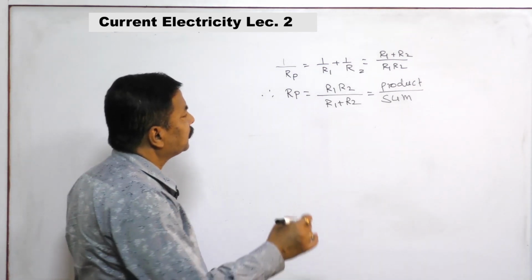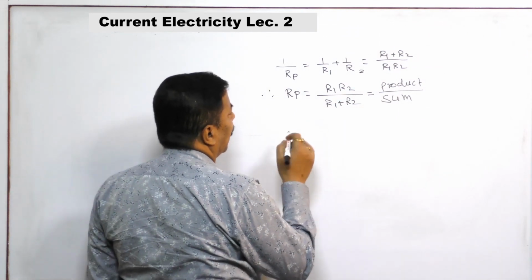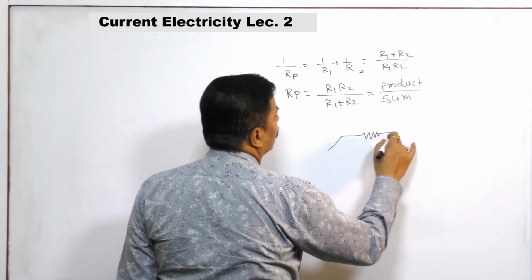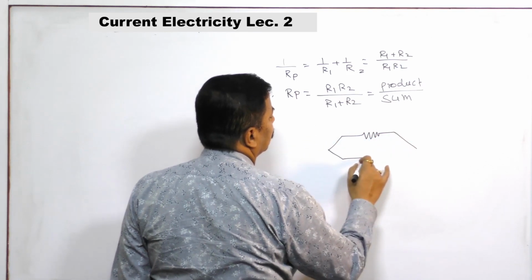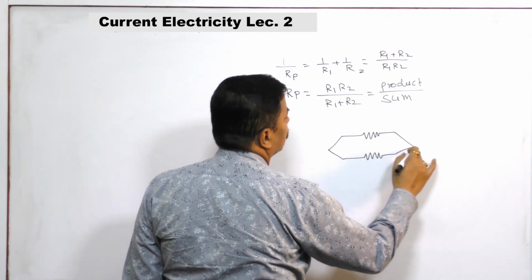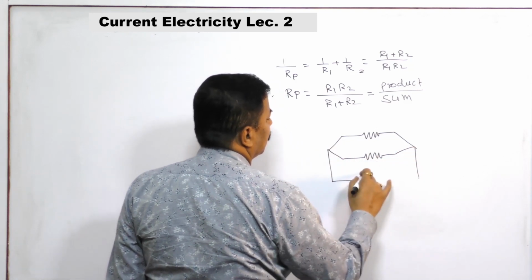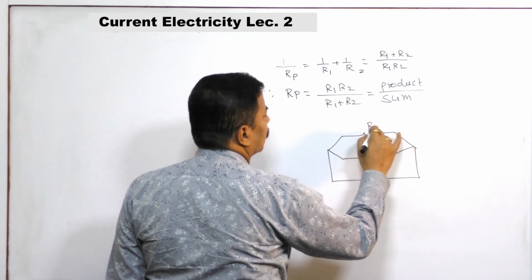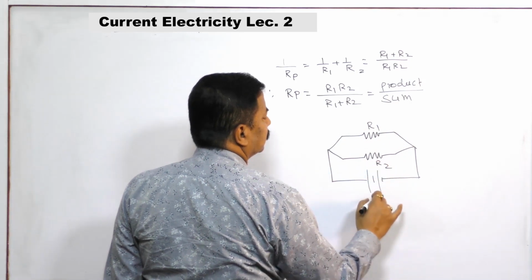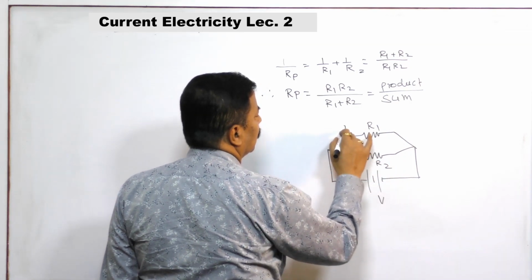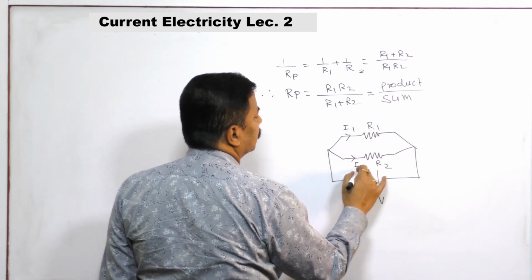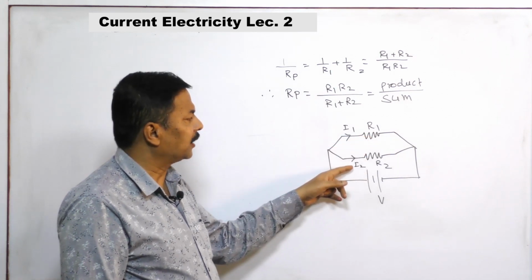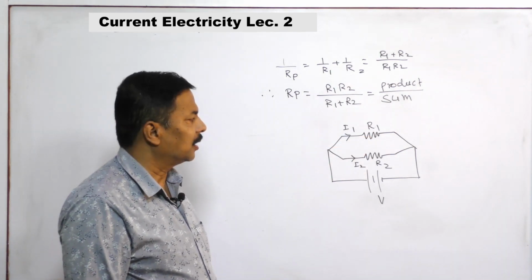For example, here current is I1 through resistance R1 and current is I2 through resistance R2.